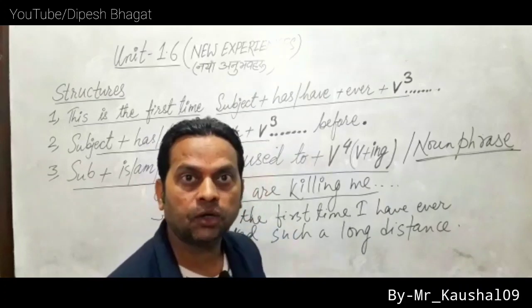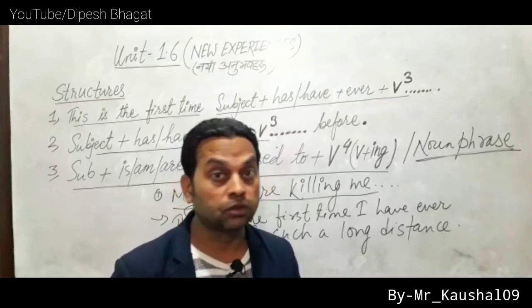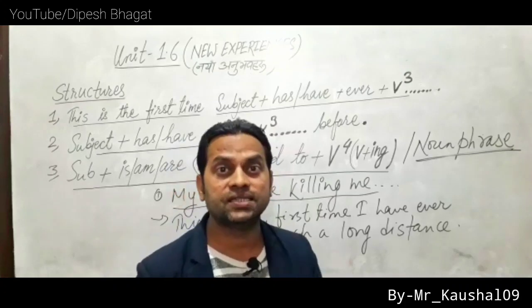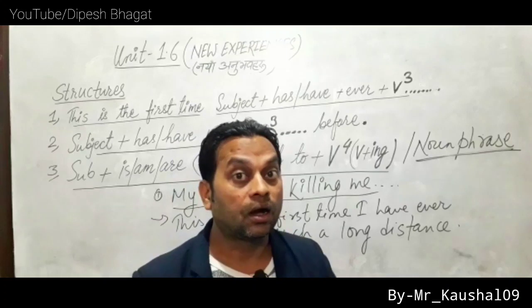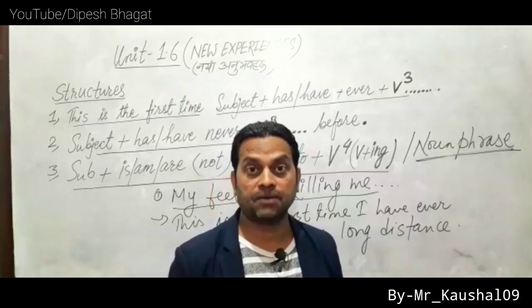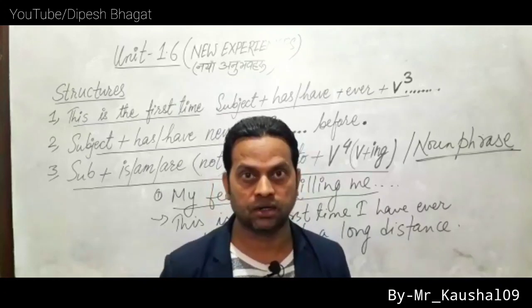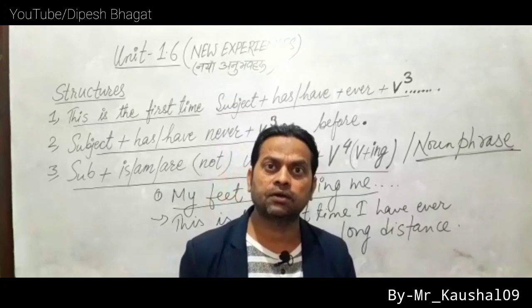Students are usually familiar with used to plus verb 1, that is for the habitual action of the past. त्यसलाई भन्छौ हामी अभ्यस्त भूत. एउटा स्ट्रक्चर छ used to plus verb 1. त्यो के को लागि हो?